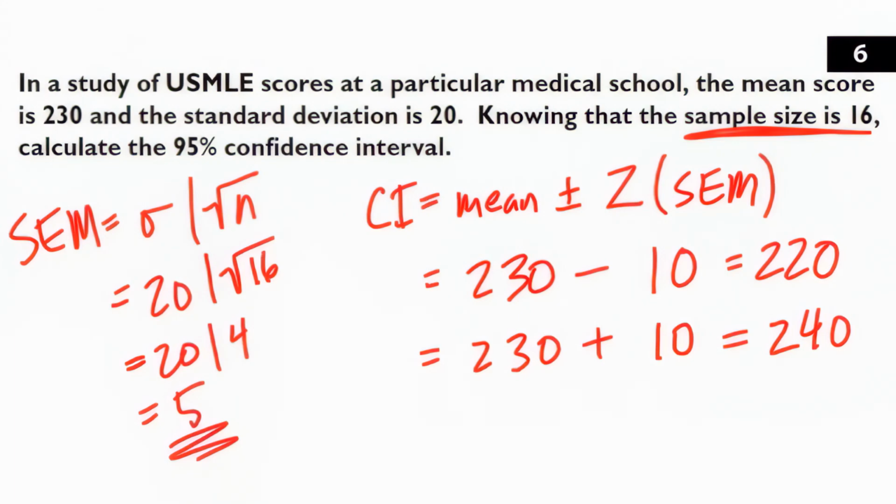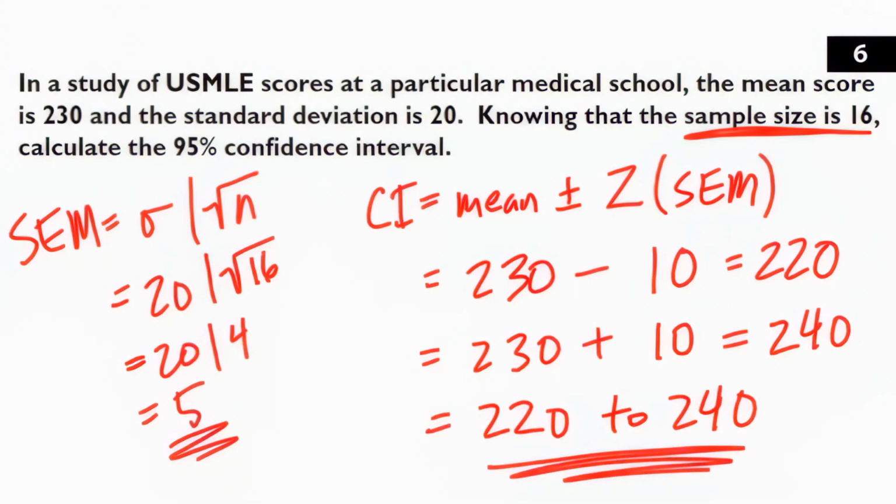So the 95% confidence interval of this sample of 16 students is 220 to 240. So what we're trying to reiterate to you here is that with a smaller sample size, the confidence interval will broaden. When you have a larger sample size, your confidence interval for a given confidence level will be more narrow.